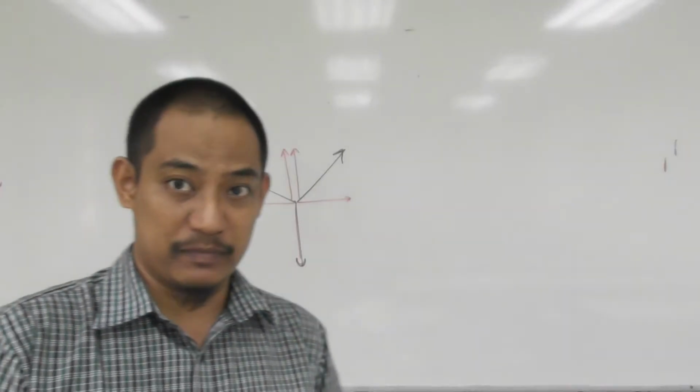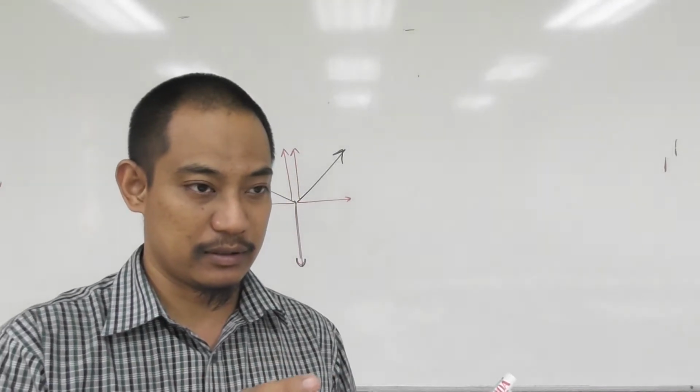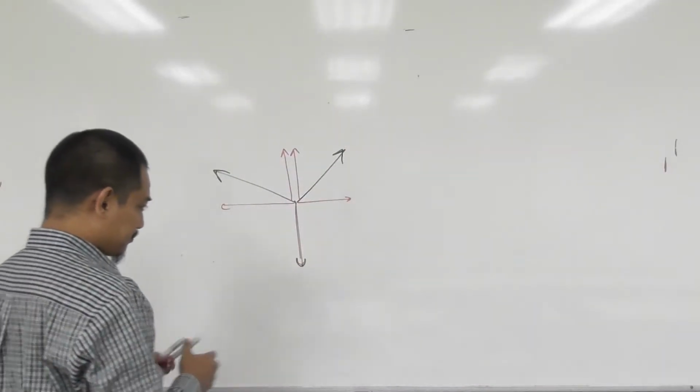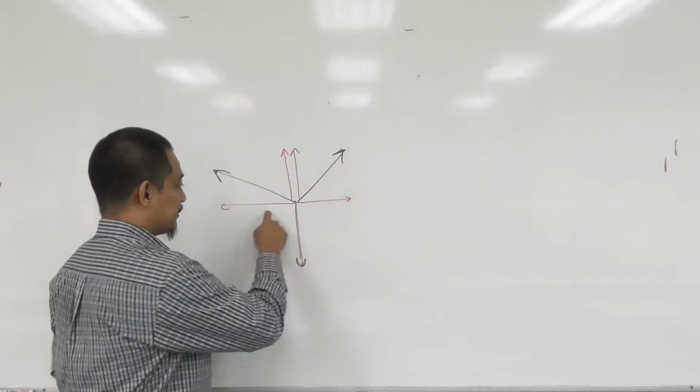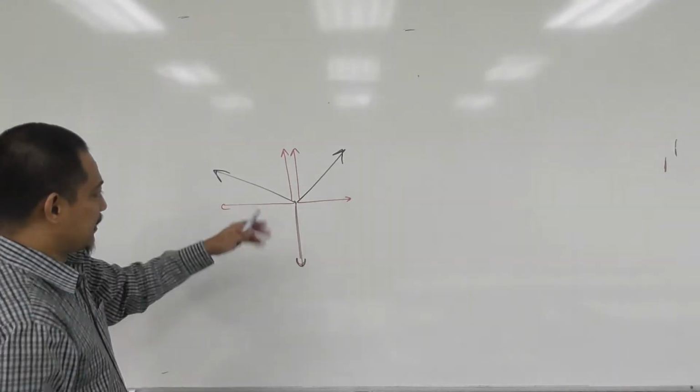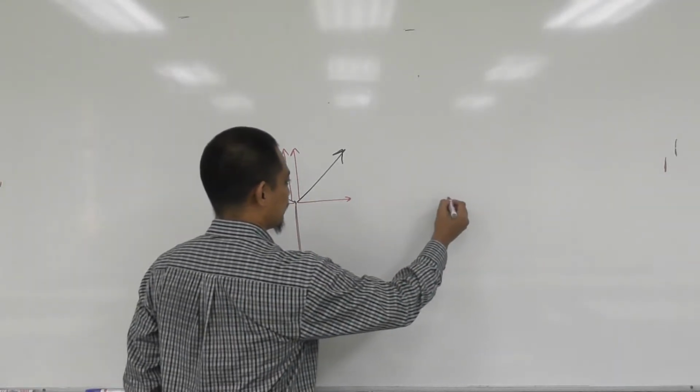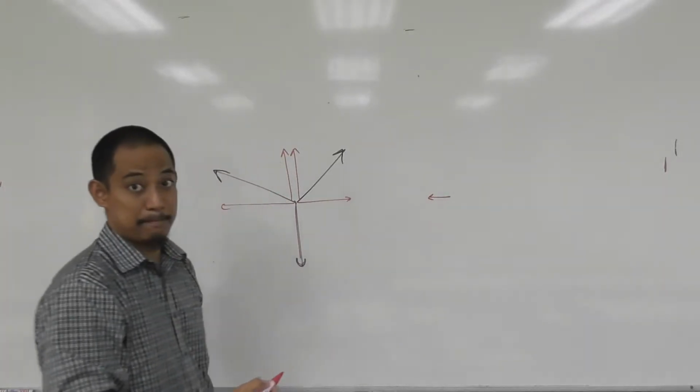And if we can do that, then in the end we can add all of the x components and all of the y components, right? For example, for the x component, this and this, just based on the length, you can say the resultant will be something like that.